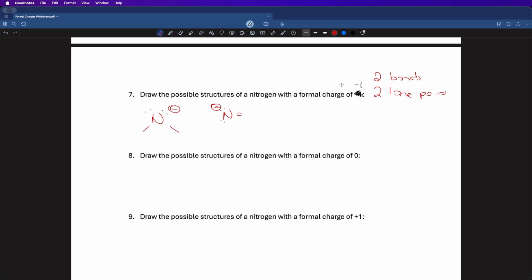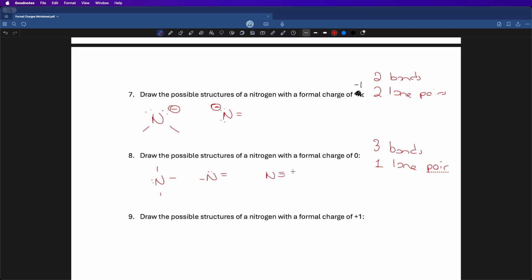A nitrogen with a formal charge of 0 should just have 3 bonds and 1 lone pair, meaning we can organize this as single bonds. This has a formal charge of 0. We can do a double bond, also formal charge of 0. Let's try a triple bond, also formal charge of 0.